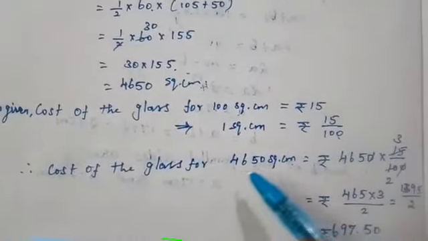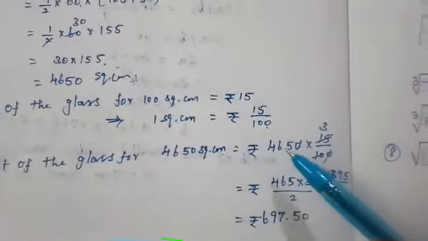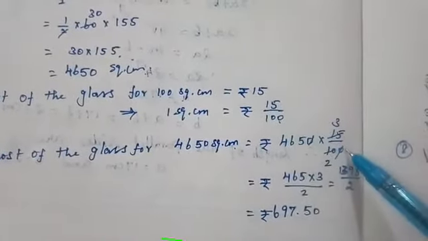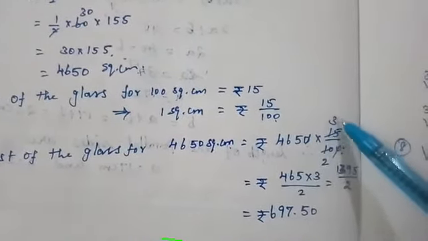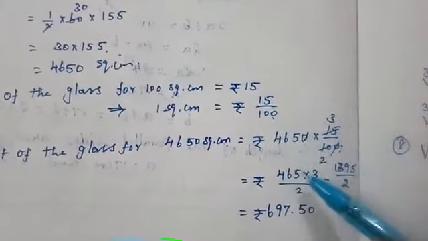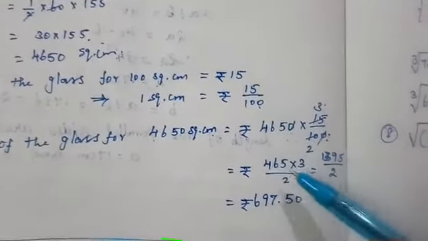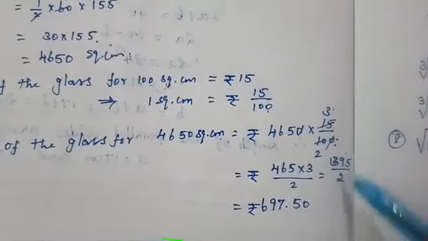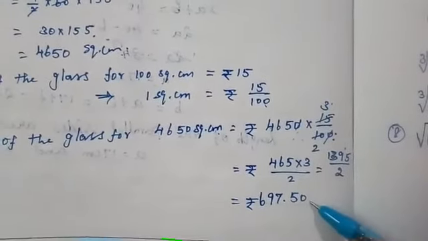Therefore, the cost of glass for 4650 square centimeter is equal to rupees 4650 into 15 by 100. Now cancel the 0, 0. After cancelling we have 465 into 3 by 2. Multiplying, we get 1395 by 2. Now dividing, that is 697.5, that is 50 paise.